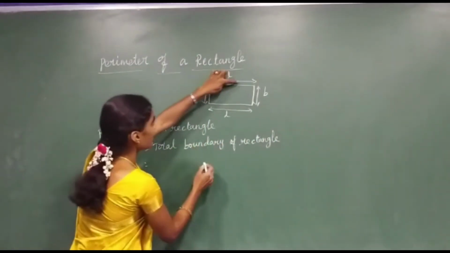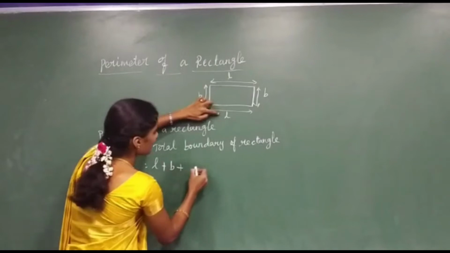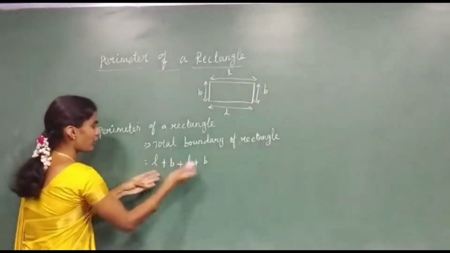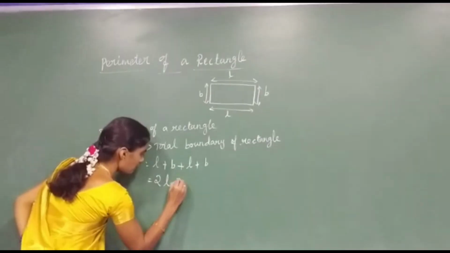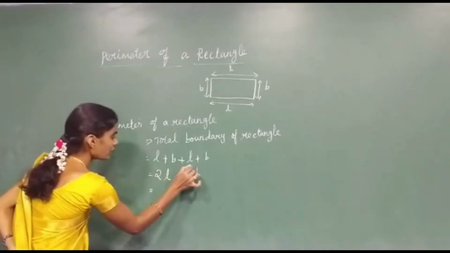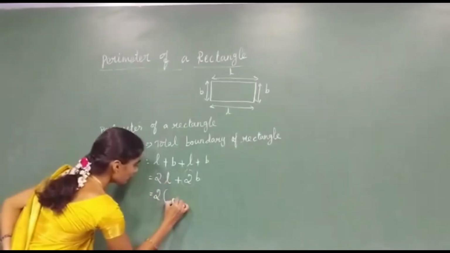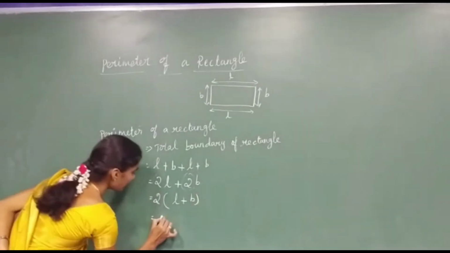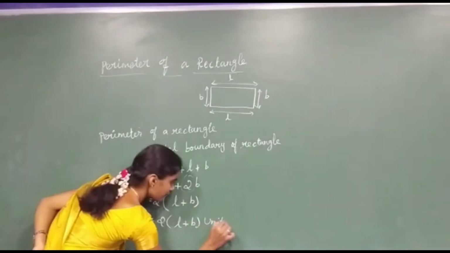So the total boundary is length plus breadth plus length plus breadth. How many lengths here? 2 lengths, so 2 length plus 2 breadth. Taking 2 common, it is 2 into L plus B. So the formula for the perimeter of a rectangle is 2 into length plus breadth units.